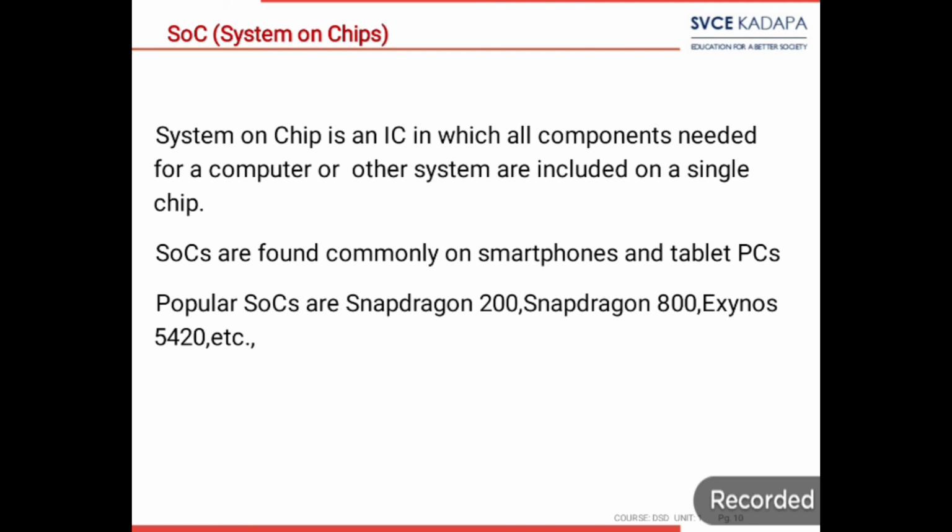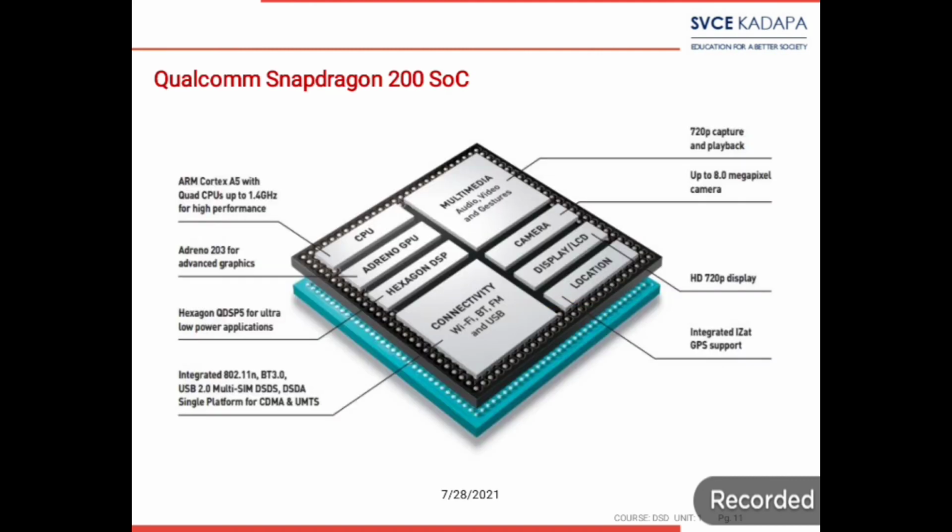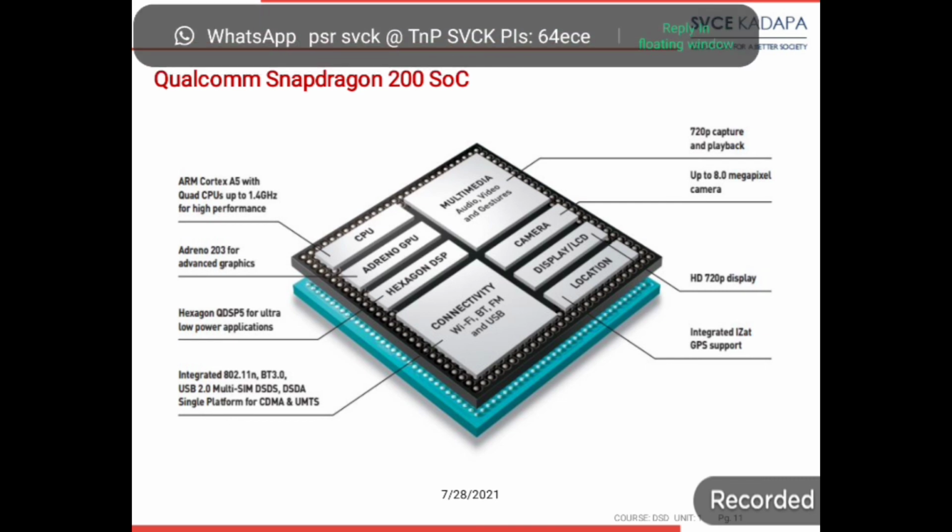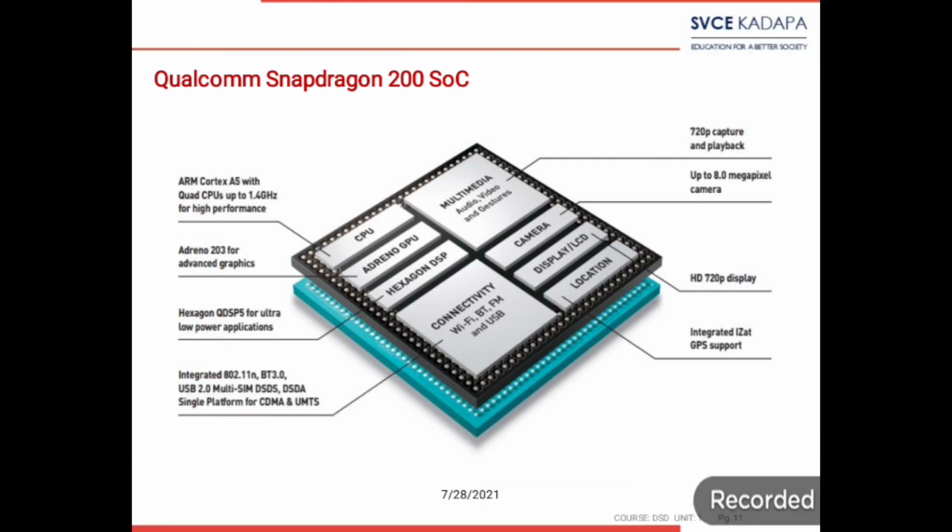Due to this, the size of mobile phones has changed tremendously into a small form. An example of SoC is the Qualcomm Snapdragon 200. This IC consists of all individual modules: CPU, GPS, Wi-Fi connection. All are inbuilt within a single silicon wafer. That is called the system on chip.